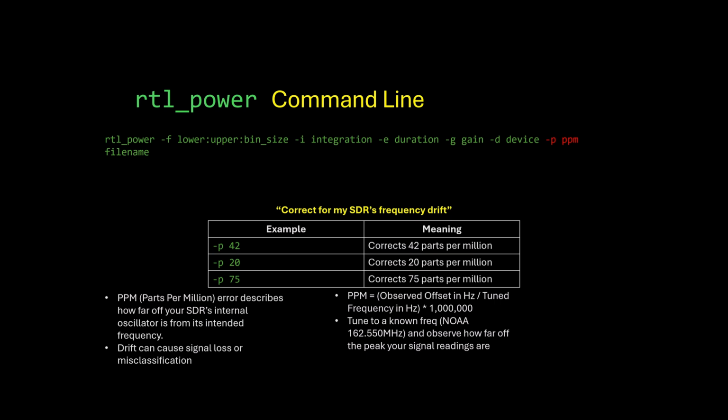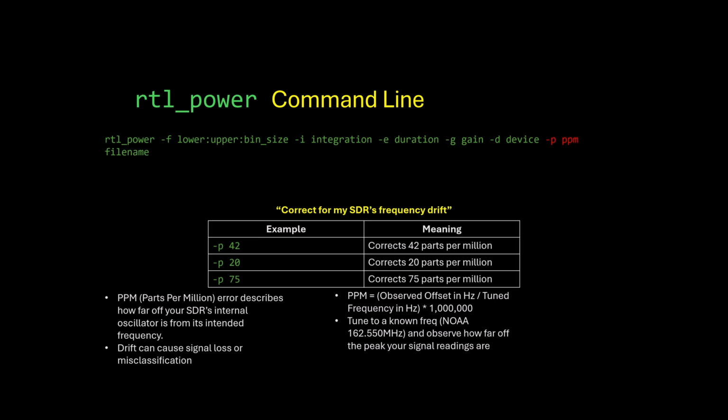Now, I did put a calculation down there where ppm will equal an observed offset in hertz divided by the tuned frequency in hertz times a million. That'll give you your parts per million error correction. And the fastest way to do it, no matter where you are in the United States, 162.550 megahertz is the National Weather Service, or NOAA.